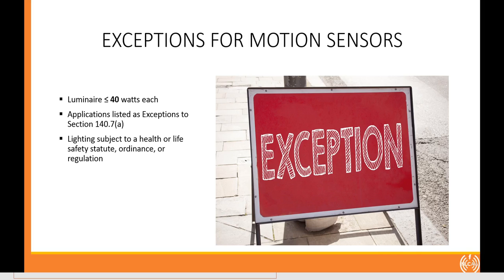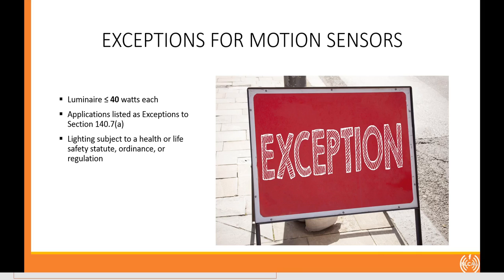But all the other lights, which could be wall packs, bollards, lights under an exterior canopy, or downlights, I should call them, those are all considered exterior hardscape lighting, and so it's all fair game for this motion sensor requirement.